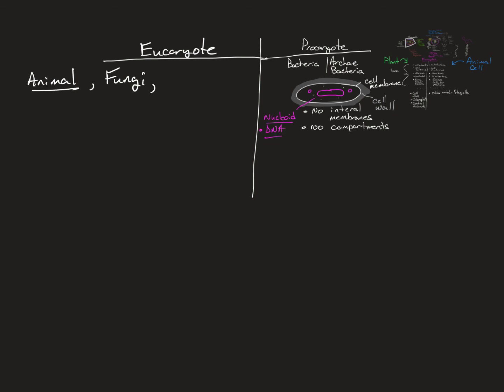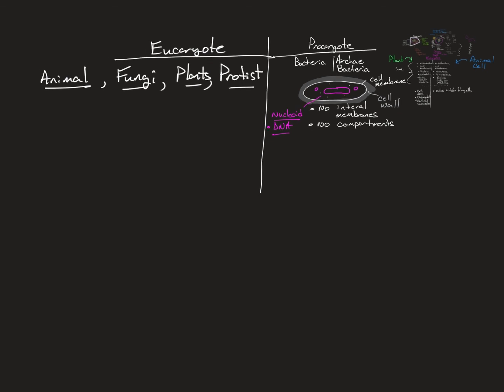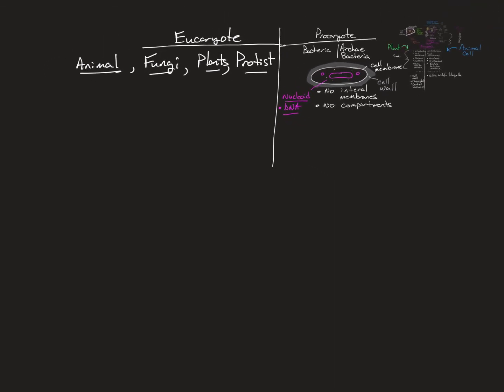And then, of course, you have plants, and you have these things called protists. Now, that thing that you saw swimming around in the pond water on Friday, that was a protist. Protists are interesting. They're kind of in between a lot of these different groups. They can be a lot of different things. You can have an amoeba that changes shape. It could look something like that. You can have a ciliate that looks like this.